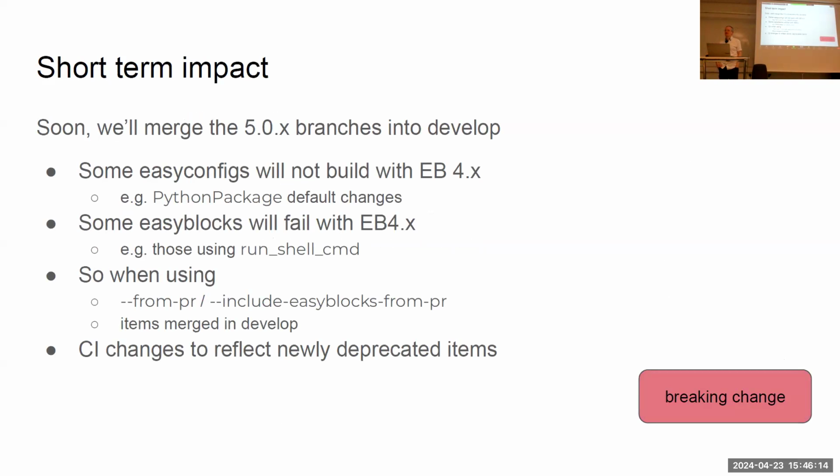Because when you're calling --from-pr on a merged pull request, it pulls the EasyConfigs from develop rather than from the pull request. So if you do --from-pr on a merged PR, it takes it from develop. So as soon as we remove use_pip and all that, because EasyBuild 5 is going to enable it by default, that's actually going to be a bigger impact than I realized.